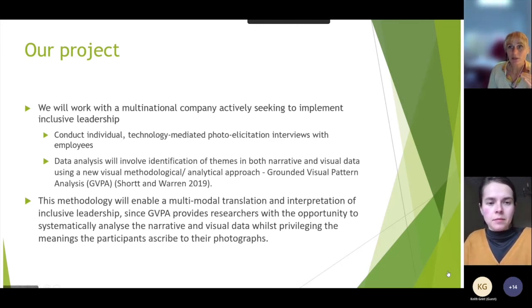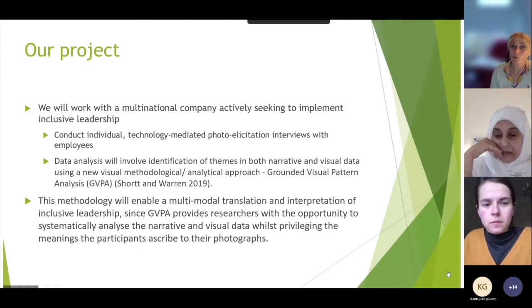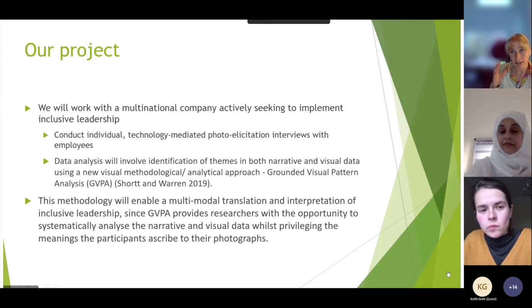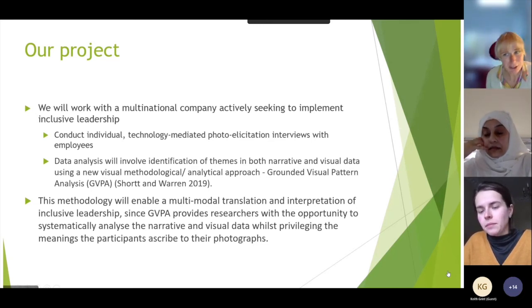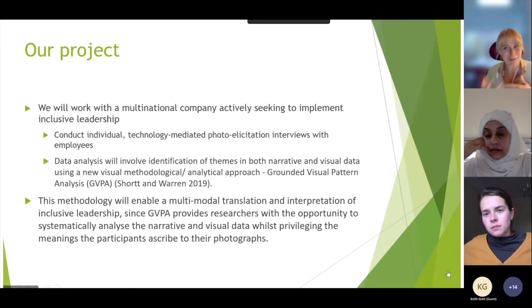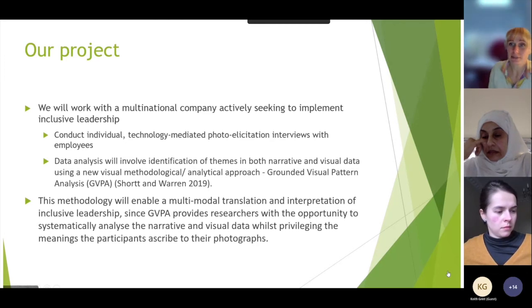Now, the way we are going to do it, our funded project officially starts in January. We are in conversations with multinational companies, and we are going to be working with the company to identify what particular sites they would like to do this research in, because they might find there are some communication issues, or some translation issues or implementation issues in particular subsidiaries.